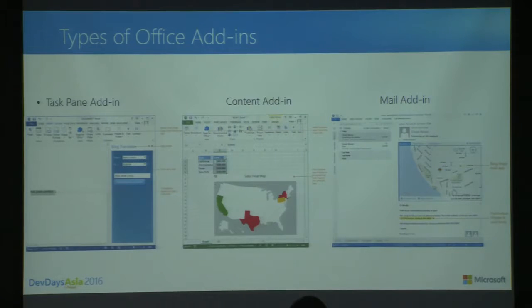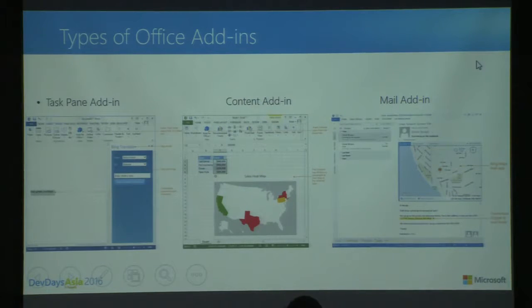The second one is content add-in. From the name you can tell, it is itself content. It's part of the document. If the end user uses this add-in to build content in the document, when he sends it to other people, they can still see the content in that document.